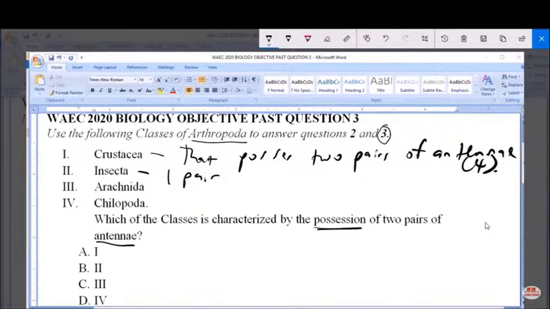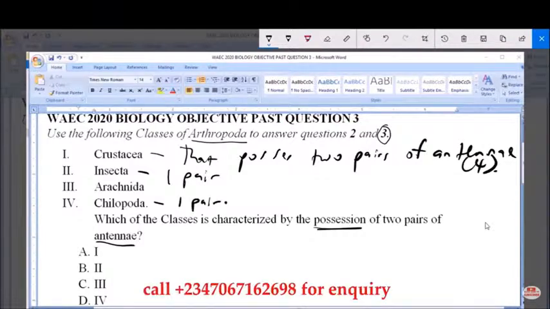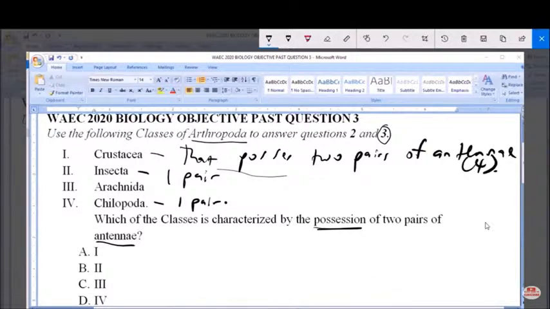And then the others, Chilopoda also a pair. So the crustaceans are the only class under the phylum Arthropoda that possess 2 pairs of antenna. So option A, which is 1, class Crustacea, is the correct answer to this question.